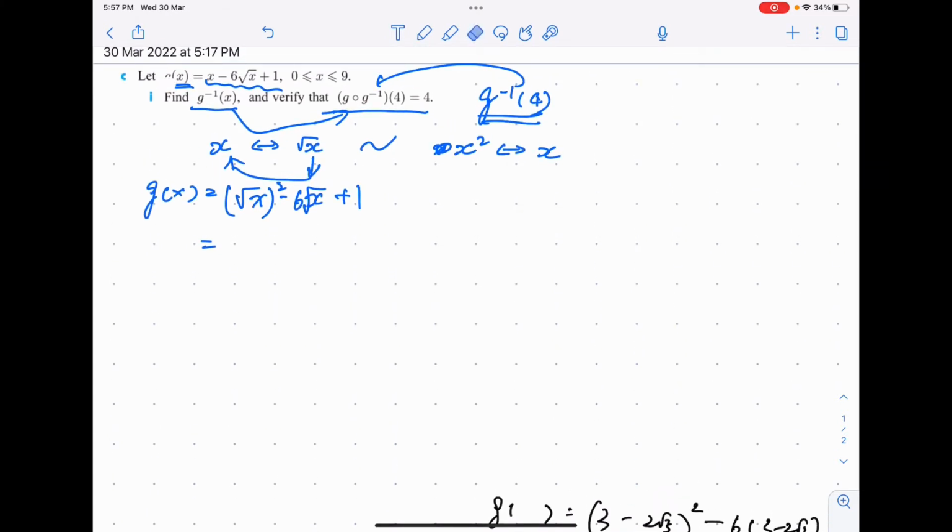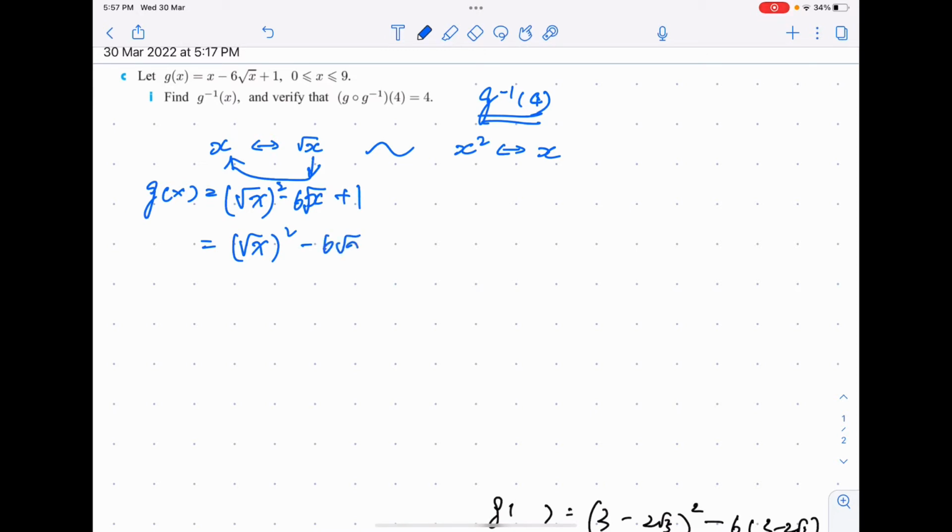I'm just going to make everything slightly clearer here. Okay, so square root of x squared minus 6 square root of x, then I am adding a 3 squared minus 3 squared plus 1, right? So essentially I got square root of x minus 3, squared, minus 8.